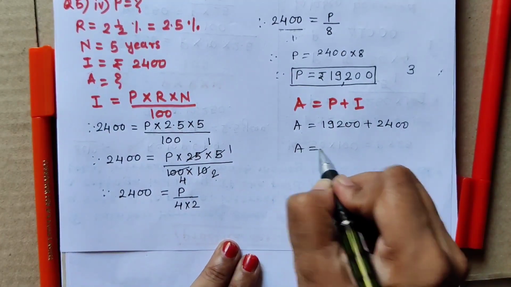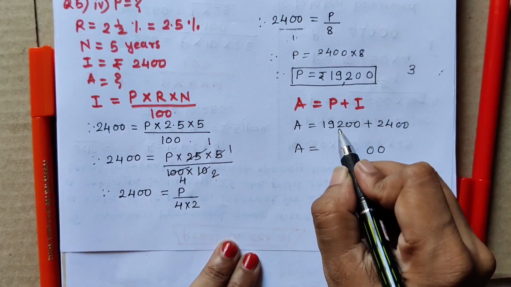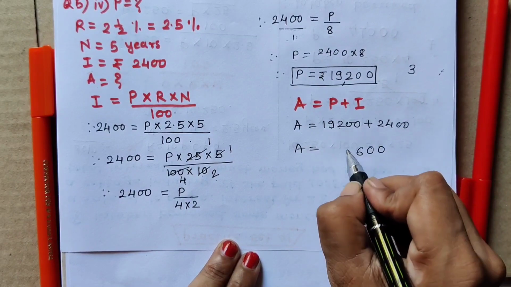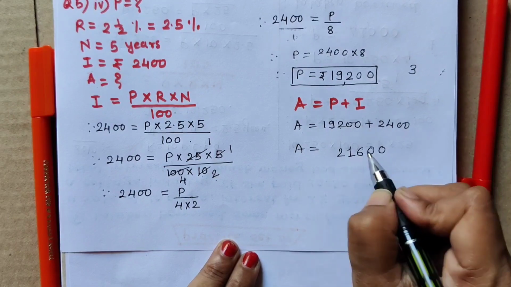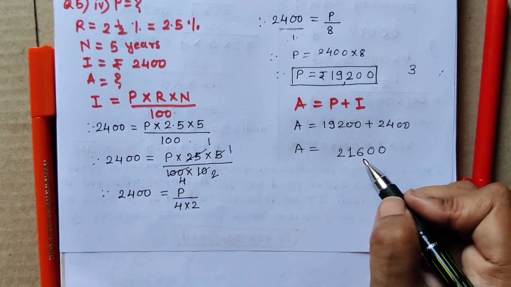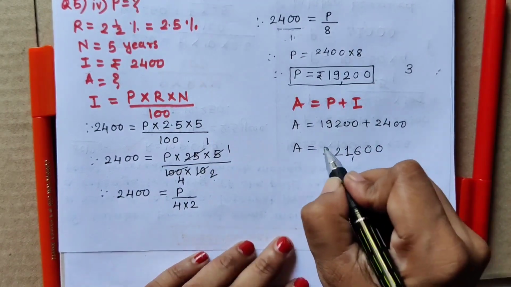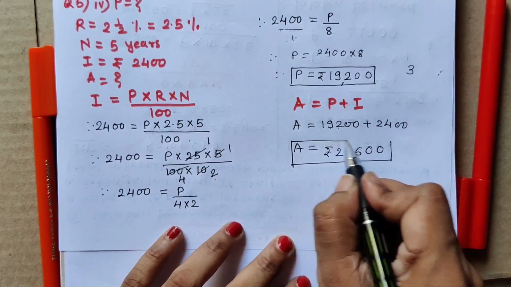Add 0 plus 0, 0, 0 plus 0, 0, 2 plus 4, 6, 9 plus 2, 11, 1 written, 1 carrying, 1 plus 1, 2. Is it correct? Let me check. Yes, it is 21,600 rupees. So amount is equal to 21,600 rupees.